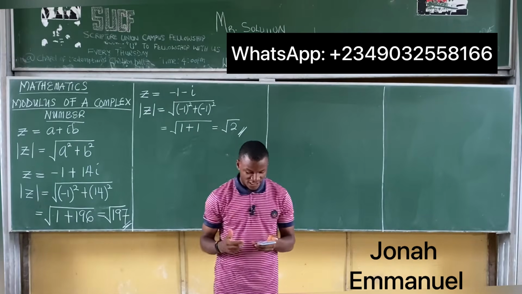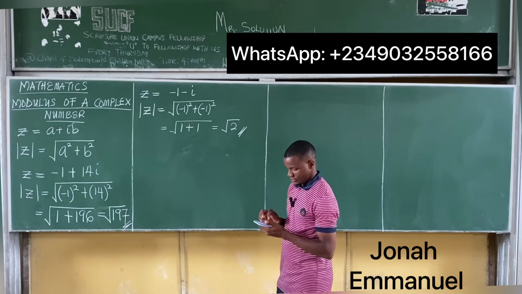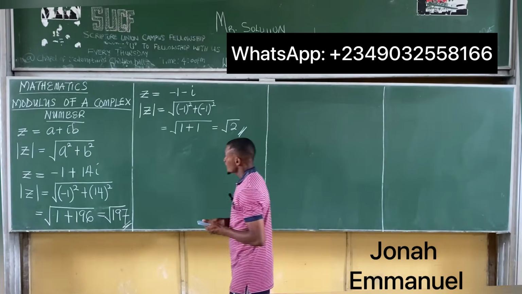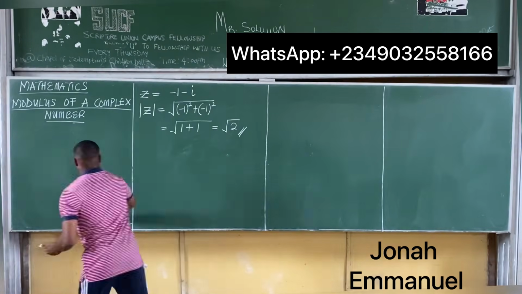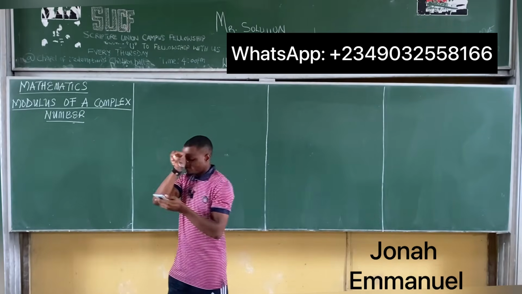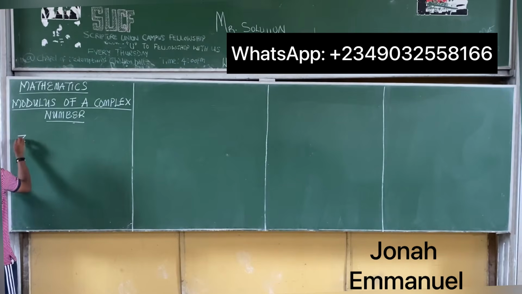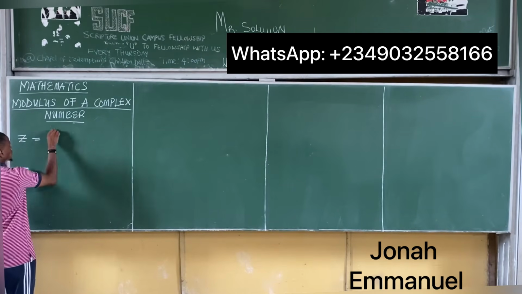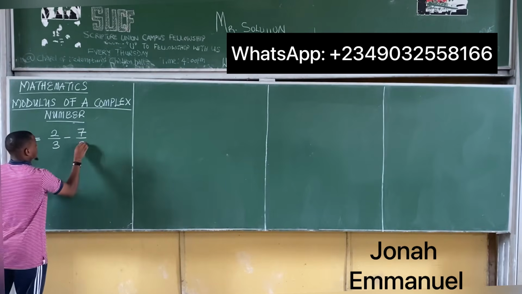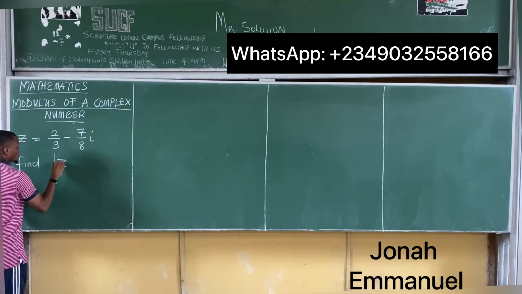All right, let's proceed. Let's take a sample problem on the modulus of a complex number and see how we can get this done. This question says, if z is equal to 2 over 3 minus 7 over 8i, find the modulus of z.